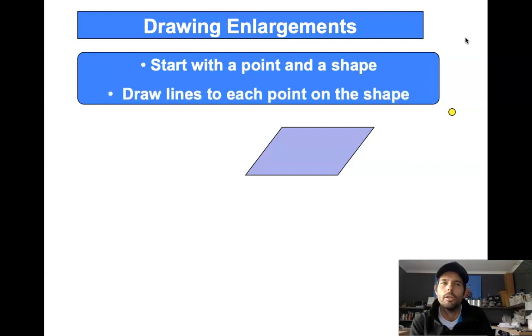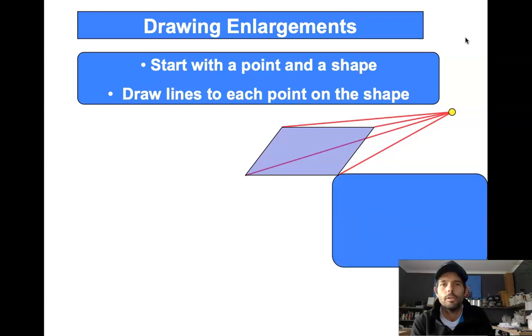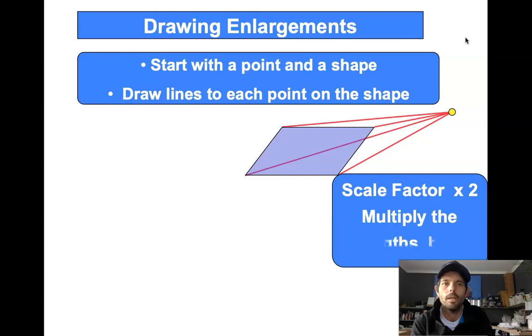So here we work in a different direction. So just to show you that the center of enlargement can pretty much be wherever they want to put it. Okay, and again, same principles apply. You draw a line to each vertex, you measure it, you find out what they want you to increase it by or what the scale factor is, because most of the time they'll tell you.